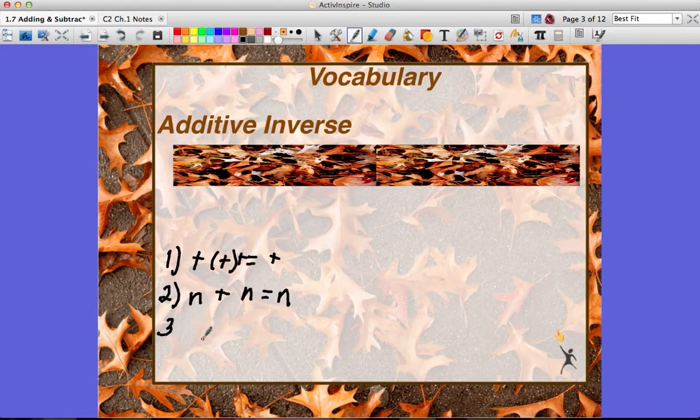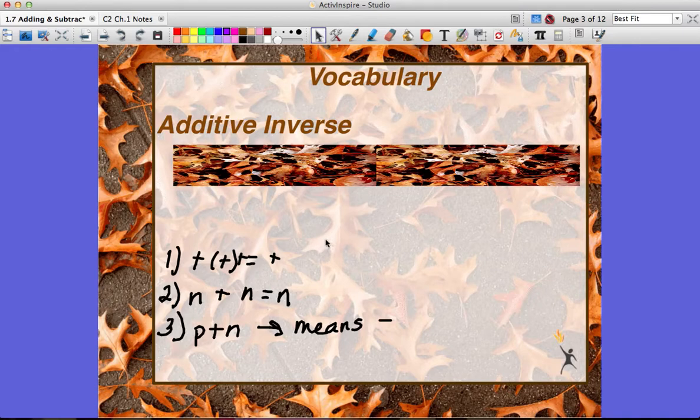And then 3, remember the positive plus a negative means you're actually going to subtract, and your answer takes the sign of the number with the biggest absolute value. Okay, so you want to keep these three rules in mind.